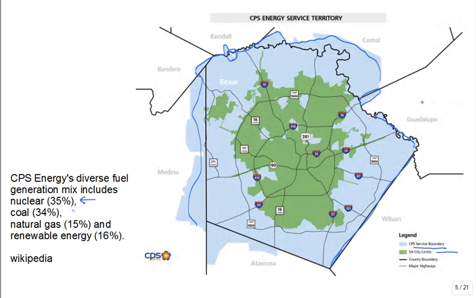A third of the electric consumption in the city of San Antonio is nuclear. Coal, another third, and then you have natural gas and some renewables. I don't know why, but I'm a little skeptical on that renewables number, and maybe it's true. Maybe we are now getting 15% from wind, but it just seems pretty high to me.